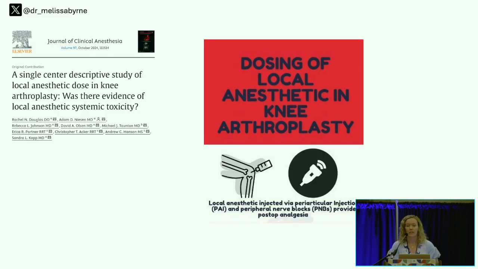This is a nice study from Mayo that was recently published where they looked at the dosing of local anesthetics in total knee arthroplasty. Now, as we're all aware, total knee arthroplasty is one of the most painful surgeries that patients have, so anything we can do to improve their mobilization and decrease opioid requirements is a good thing. People have advocated for peripheral nerve blocks in conjunction with periarticular injections because those help to get the patient moving with less pain.